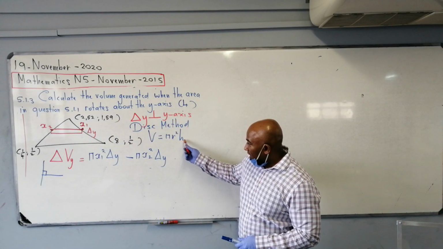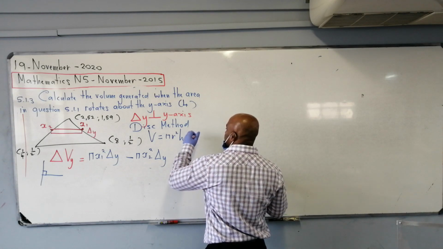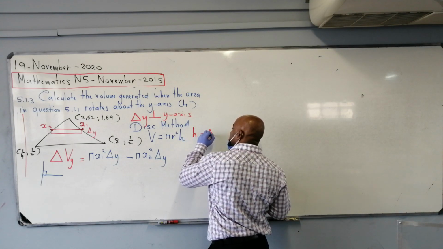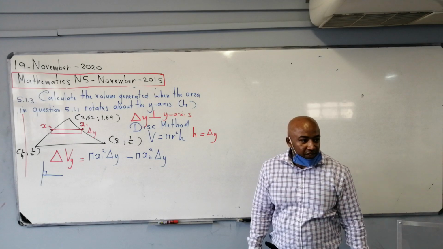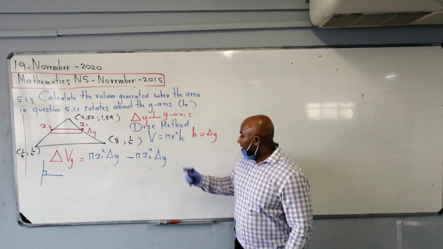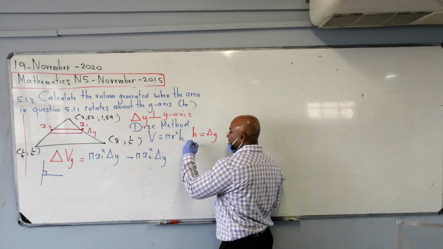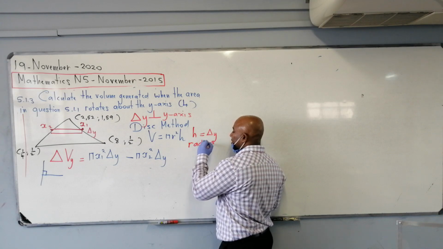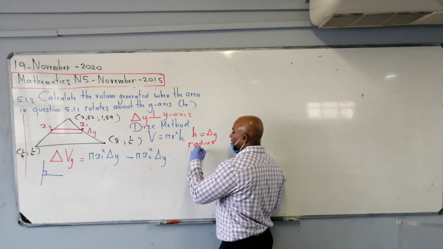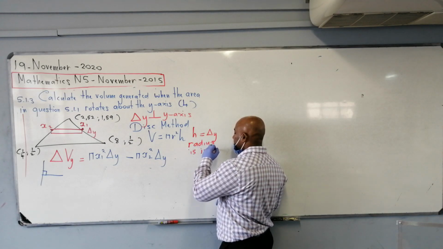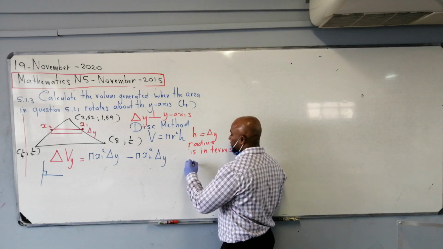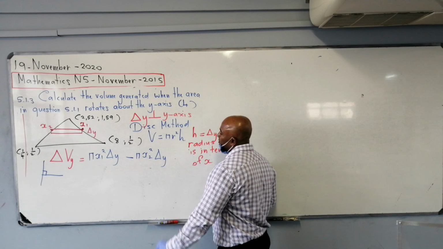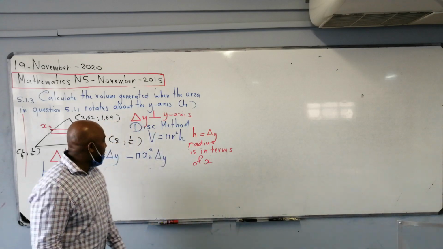Okay, where h is the height, h is delta y. Right, r, the radius, is in terms of x.